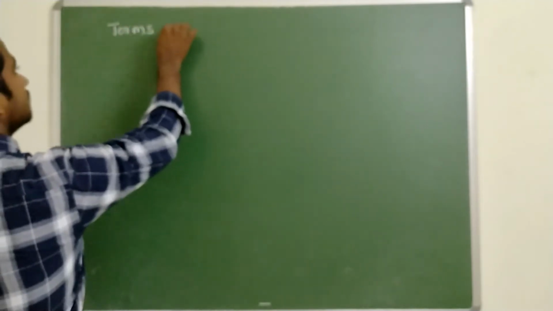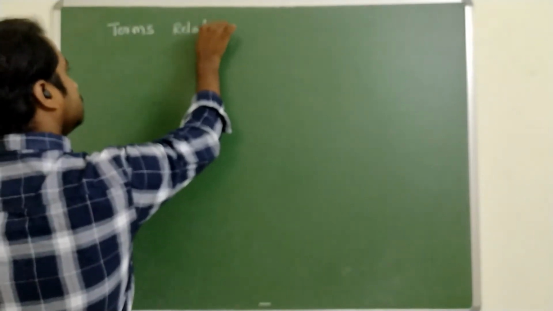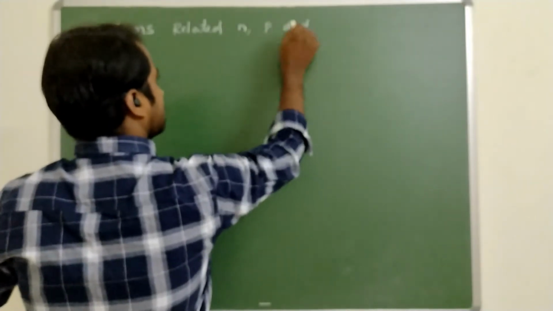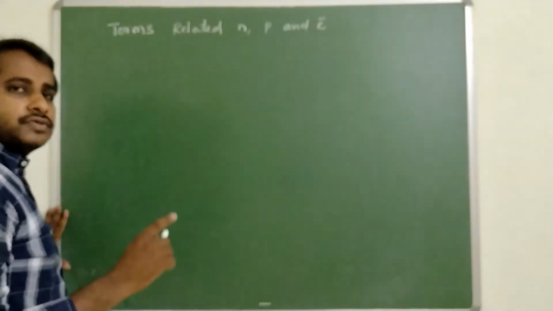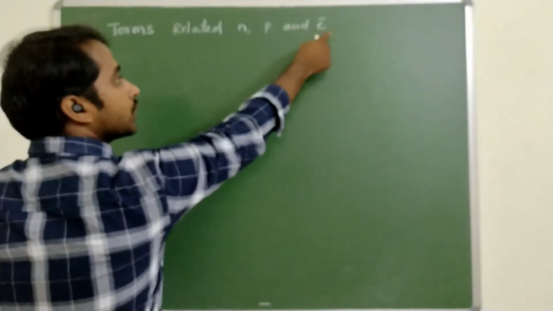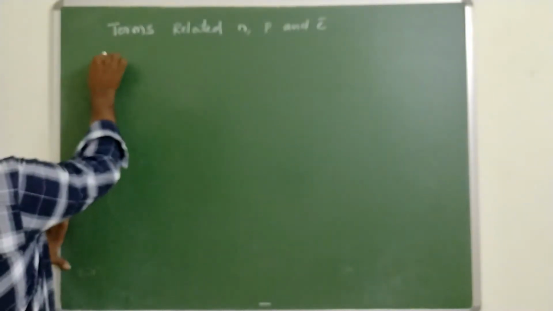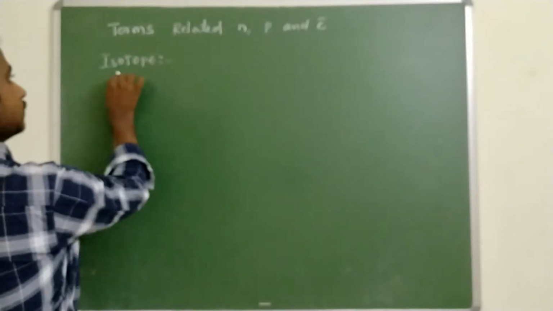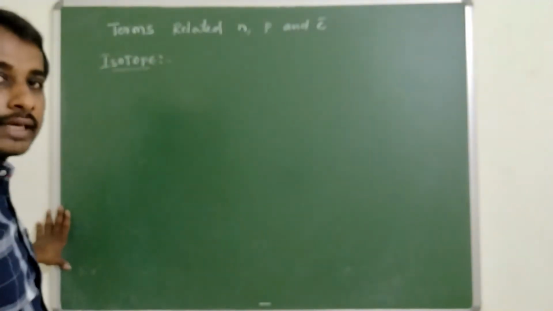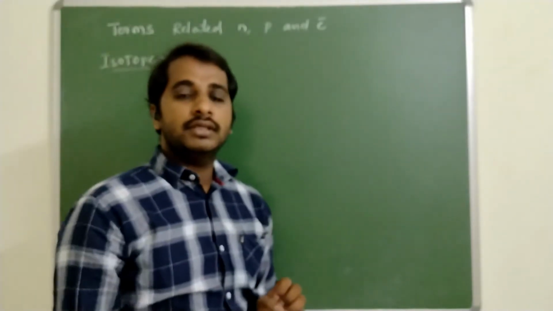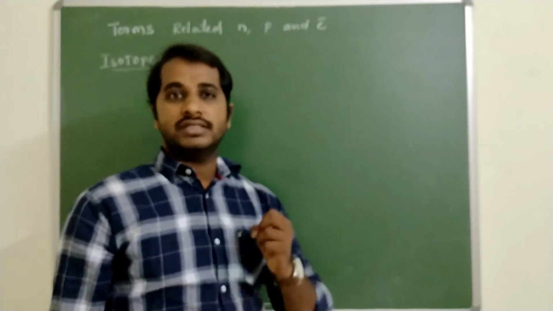What are the terms we have in atomic structure which are related to the neutrons, protons and electrons? First one is isotope. How can we define an isotope? Isotopes have the same atomic number and different mass numbers.